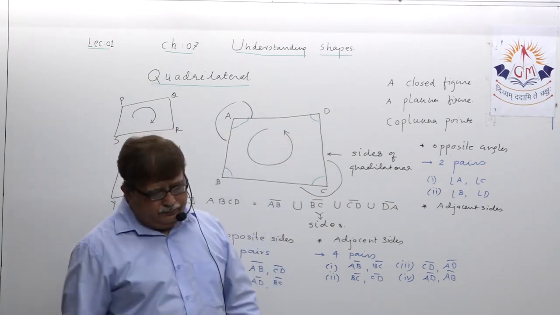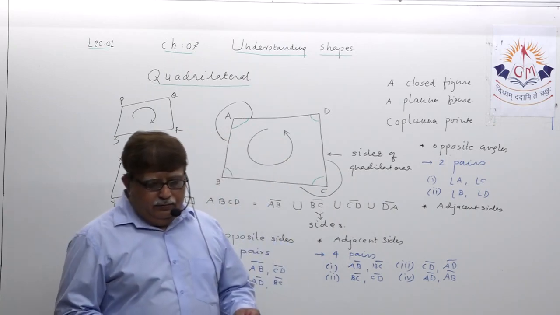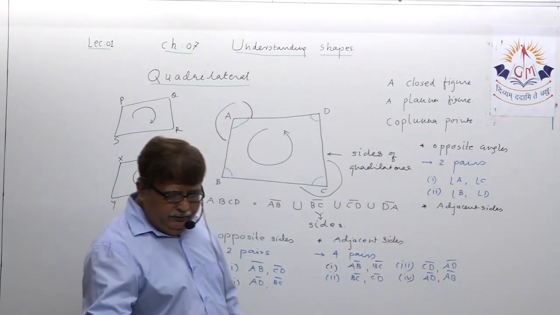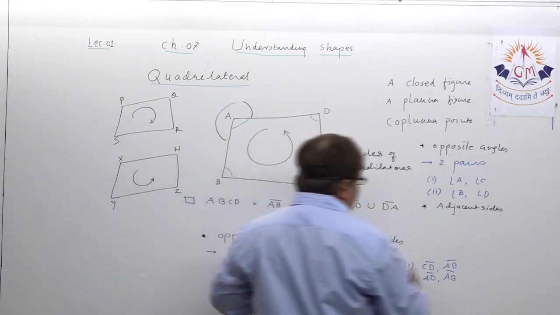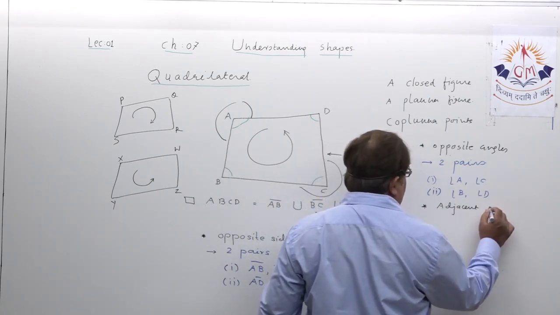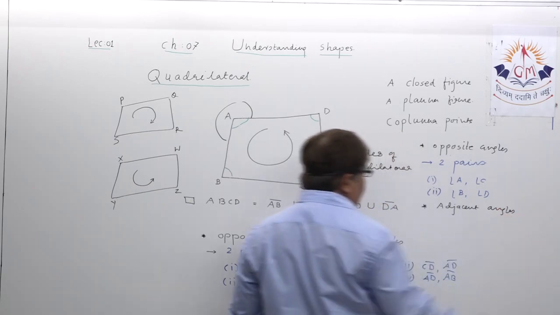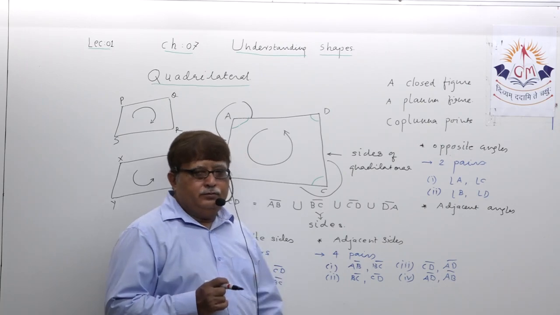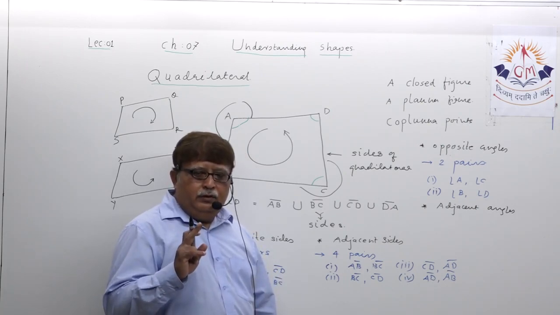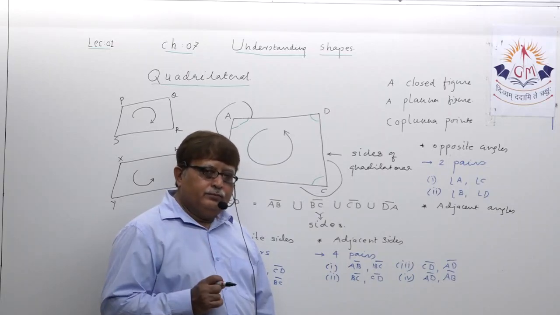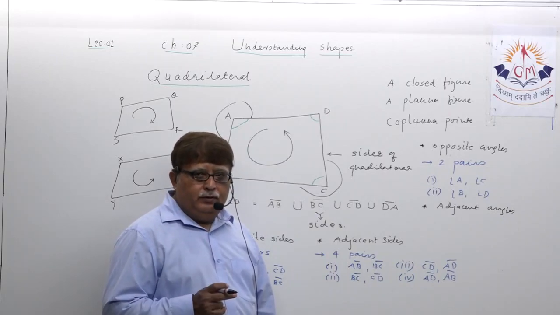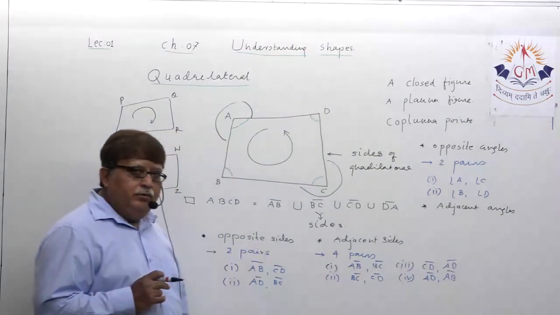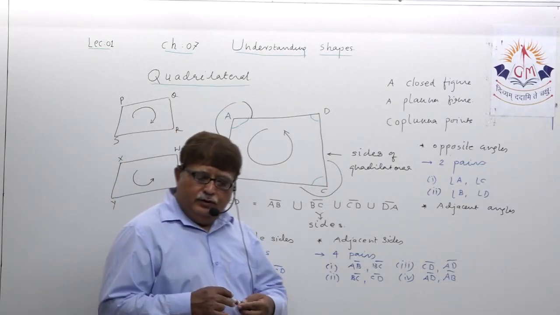So, dear student, try to understand the definition of adjacent angles. What is the definition of adjacent angles? Can you speak it out? Two angles having one arm common are known as adjacent angles.